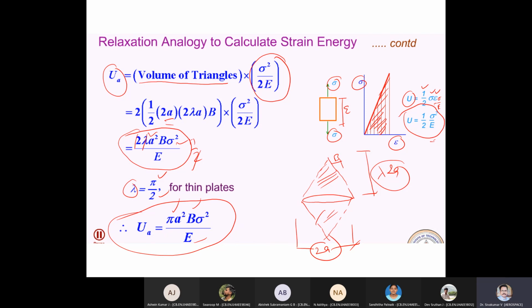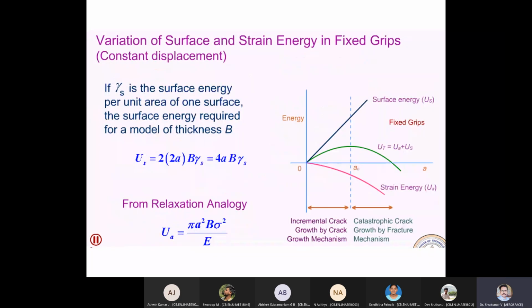Or, on the other hand, this is the energy available because of the crack.